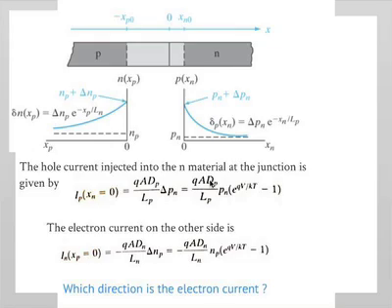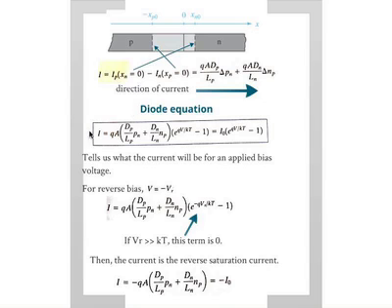The few things you will recall is when you add up the currents, you get a very simple diode equation. Like I said, if there is no recombination in the depletion region, then the total current in the material is the electron current at this point plus the hole current at this point. The argument there is that there is no recombination in between.